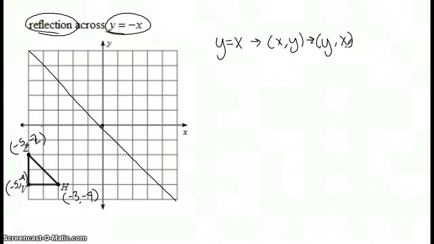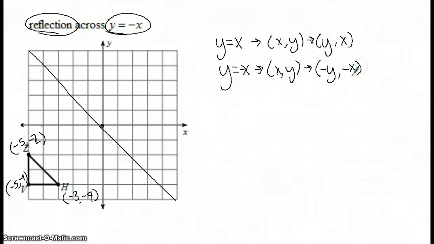I know that it's going to be in the first quadrant, so when I map this along y equals negative x, x y is going to map to negative y, negative x.